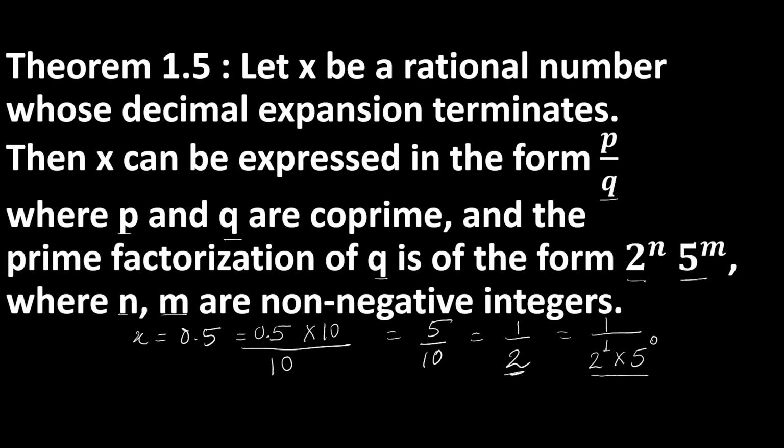So, if you compare 2 raised to 1 into 5 raised to 0 with 2 raised to n into 5 raised to m, you can clearly observe that the n value is 1 and the m value is 0 over here, right? And both of them are non-negative integers. So, this is what theorem 1.5 means.